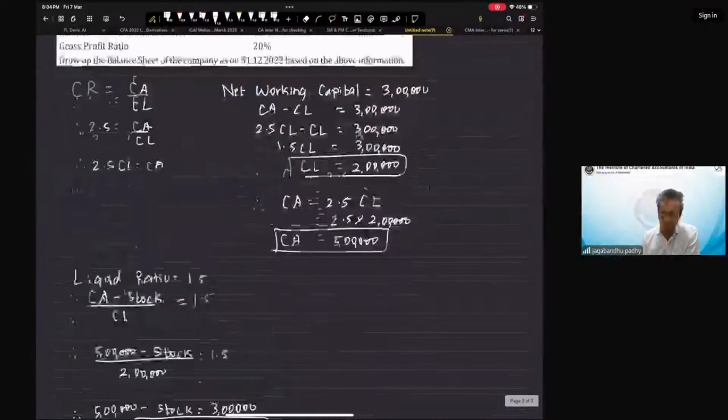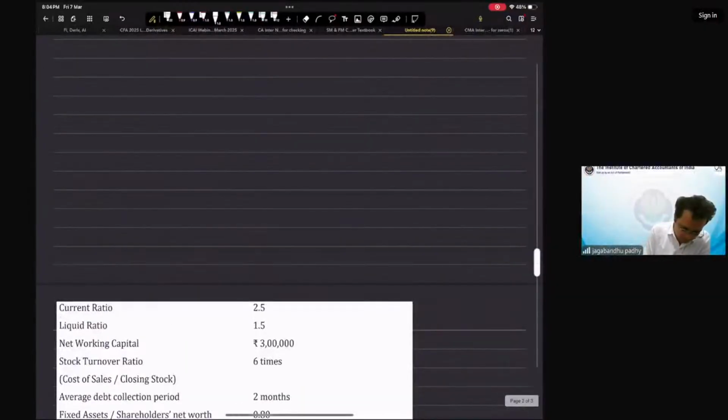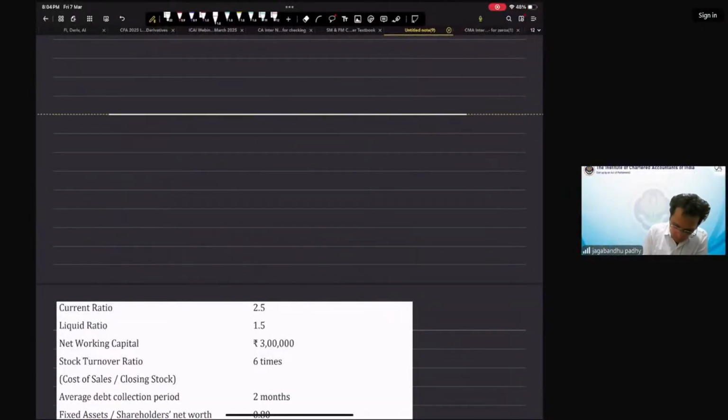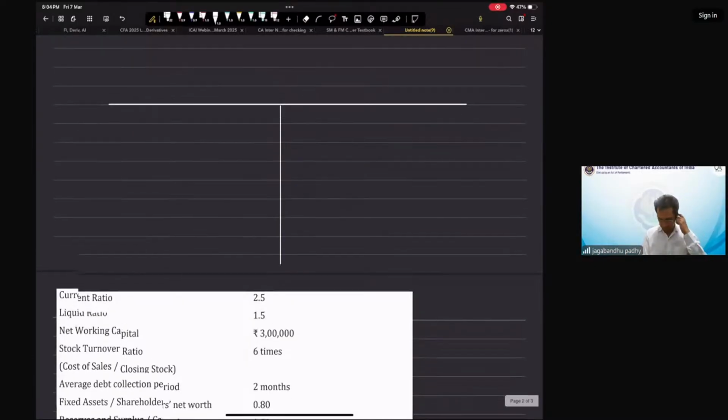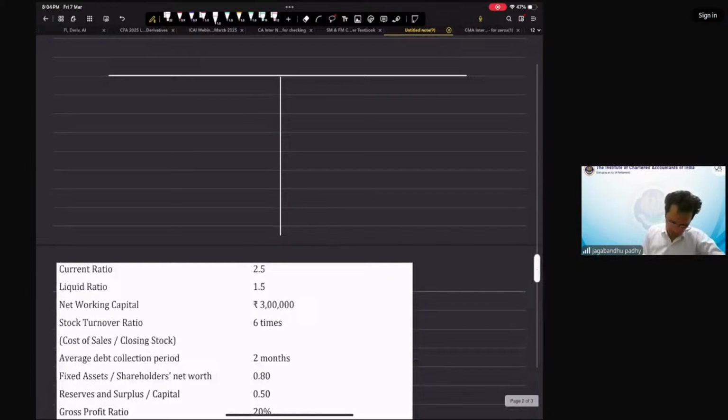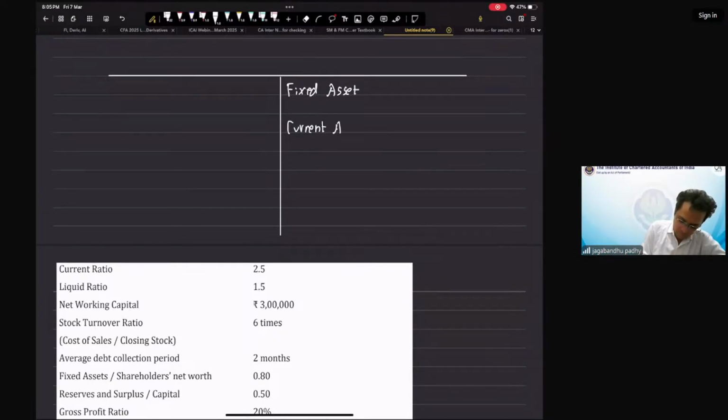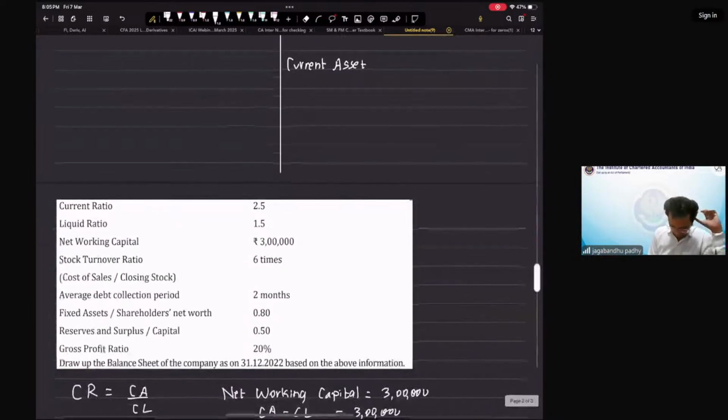As far as the balance sheet is concerned, we have fixed assets and current assets on one side.